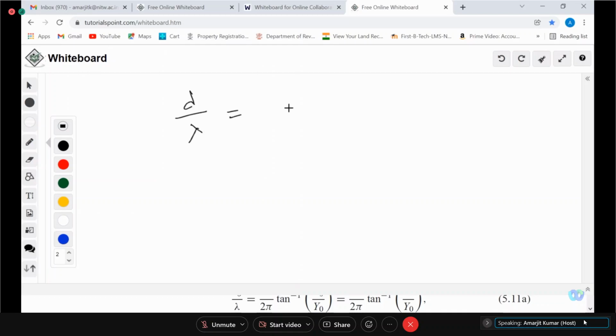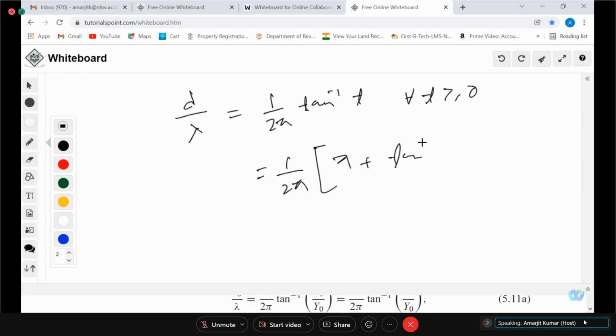So this we have done: d by lambda is equal to 1 upon 2 pi tan inverse t provided t is greater than or equal to 0, and this is equal to pi plus tan inverse t provided t is less than 0, for all t less than 0. Okay. Now how to calculate the length of the stub?